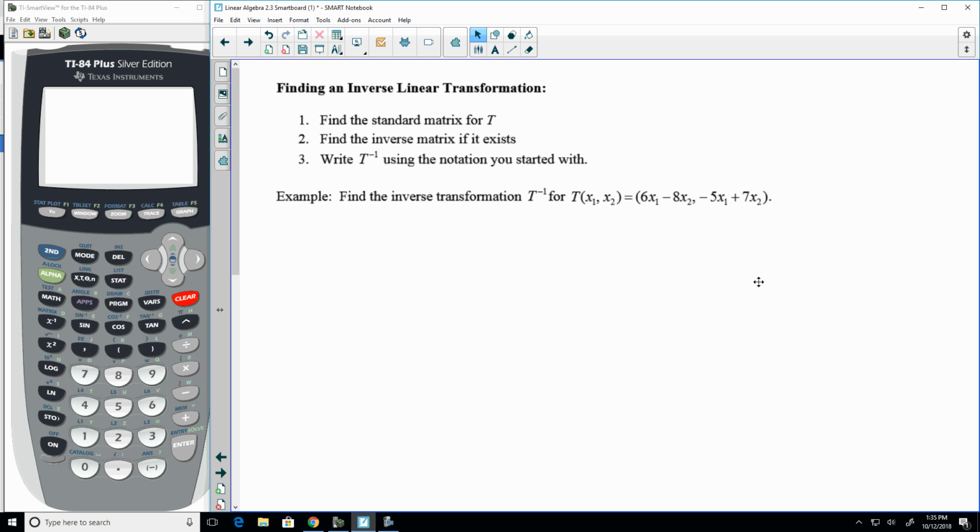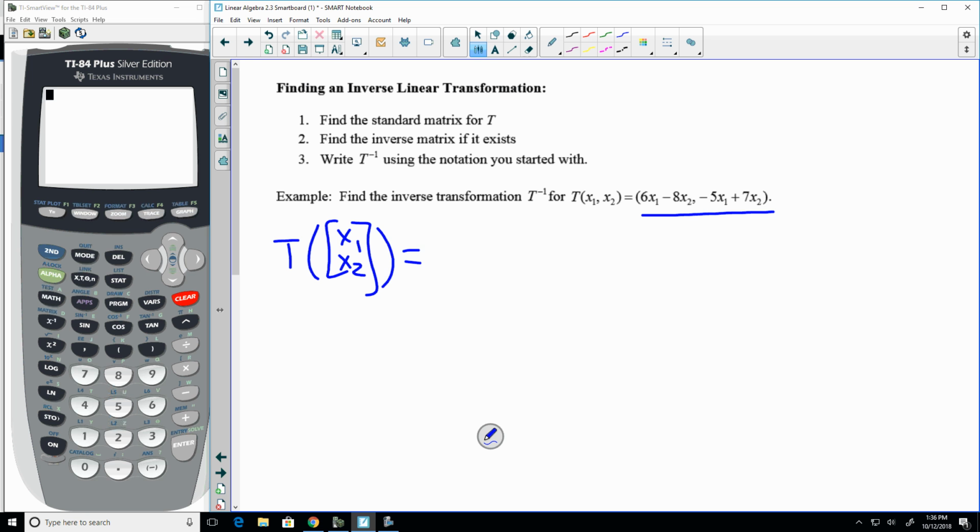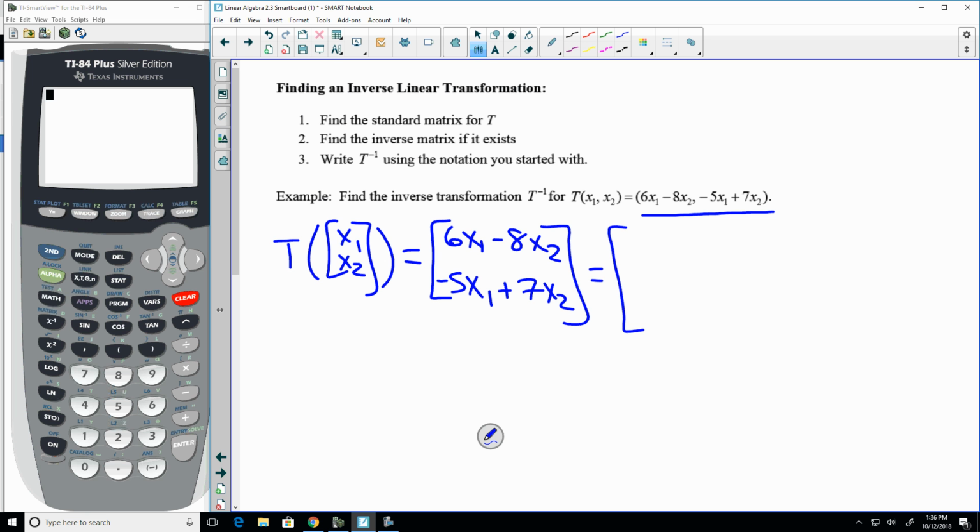Okay. So we have T given by this vector. I'm going to write it in column form just to help us out, right? So that's the same as that.